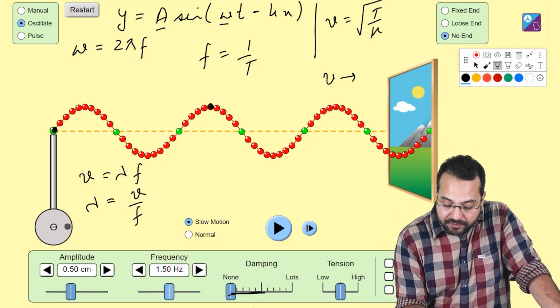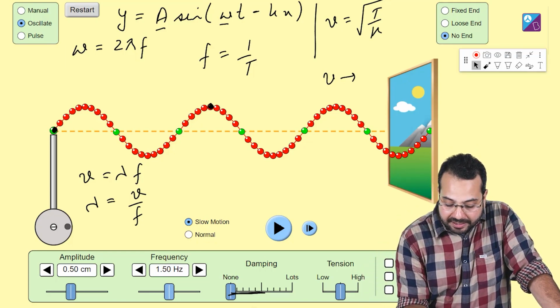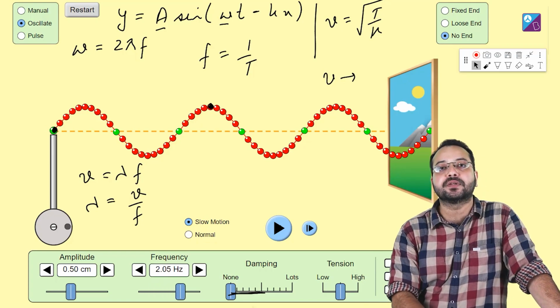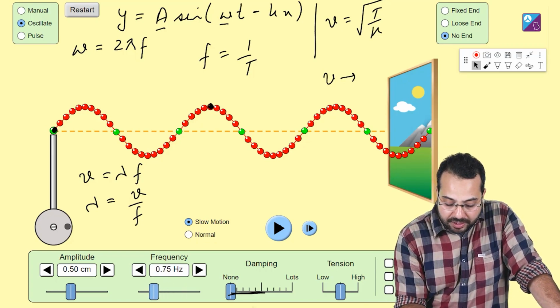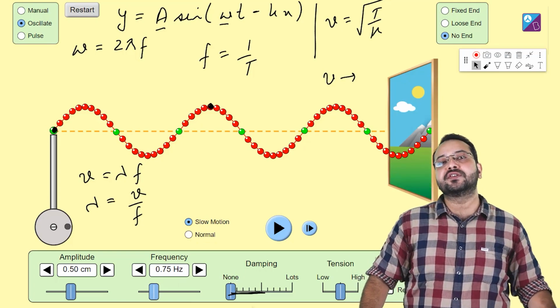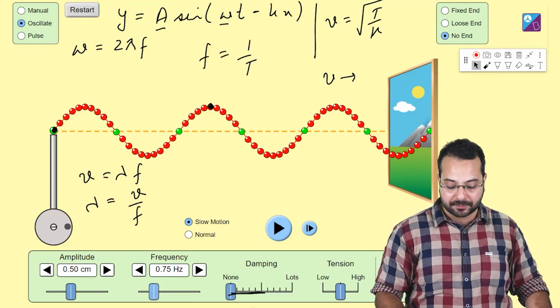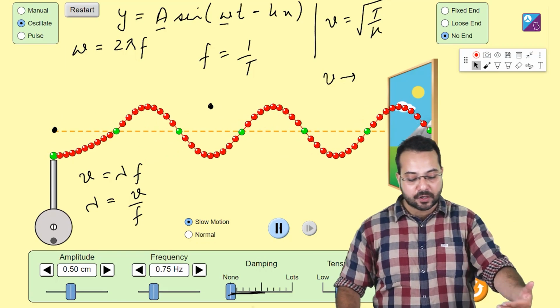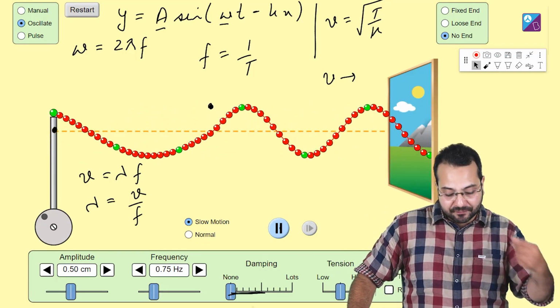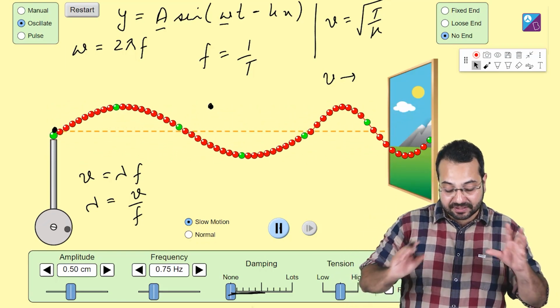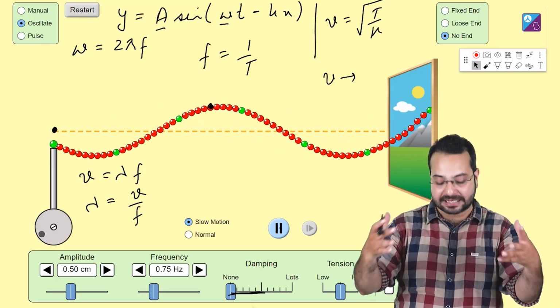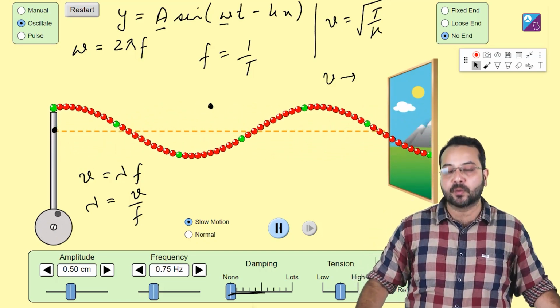Okay, I can do it from here. I can decrease or I can increase the frequency of the wave. So notice what happens if I decrease the frequency of the wave. You can guess what is going to happen. If I decrease the frequency, the wave velocity is constant, which means the wavelength is going to increase. And that's what you see over here.